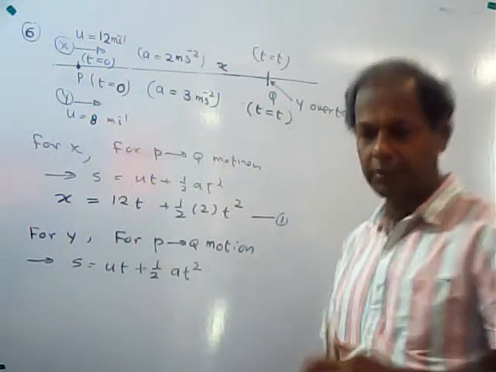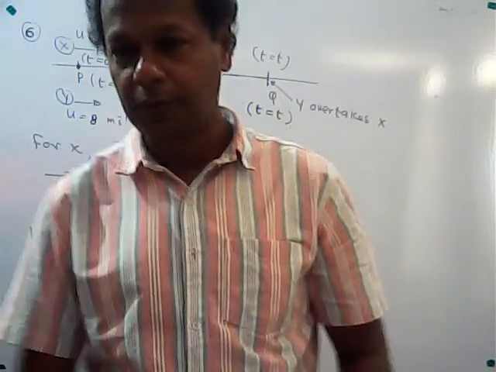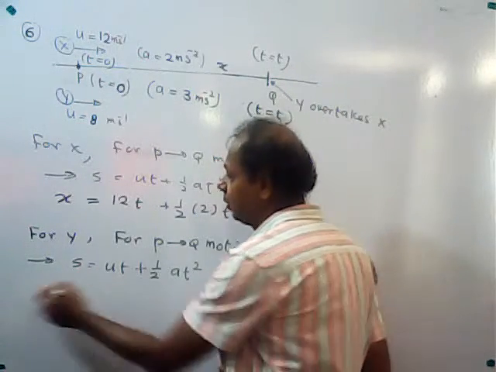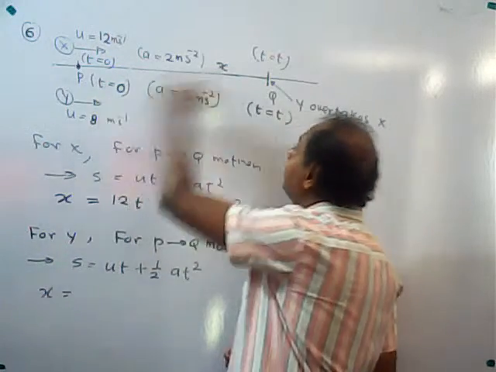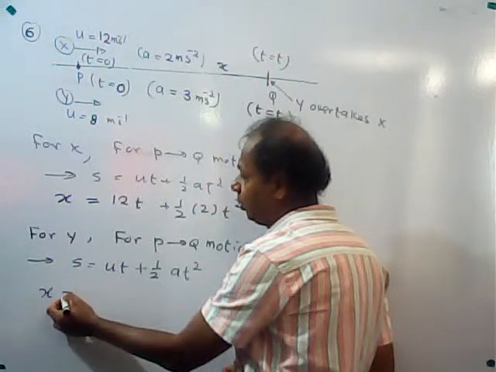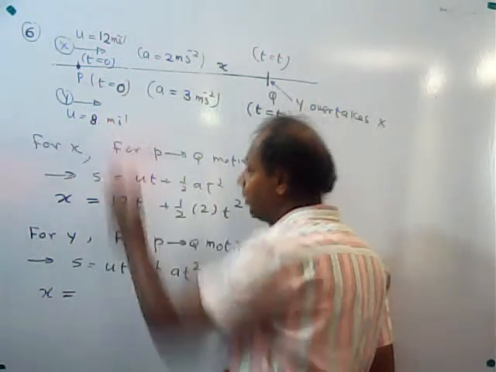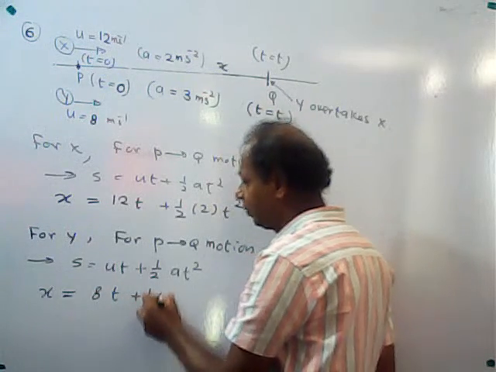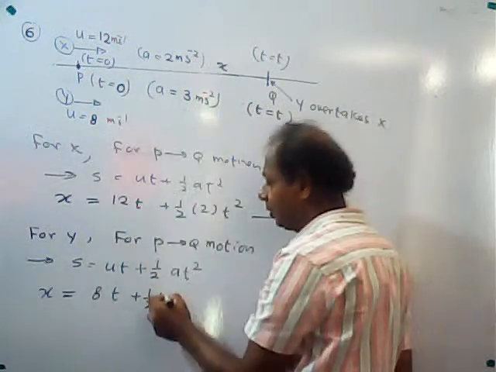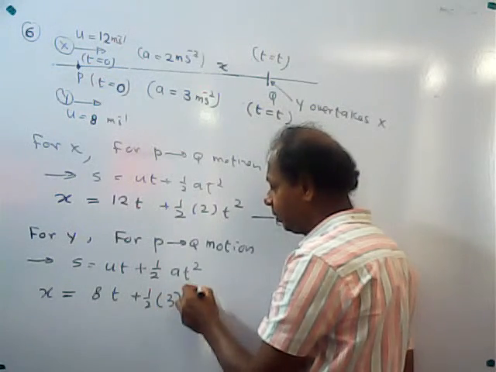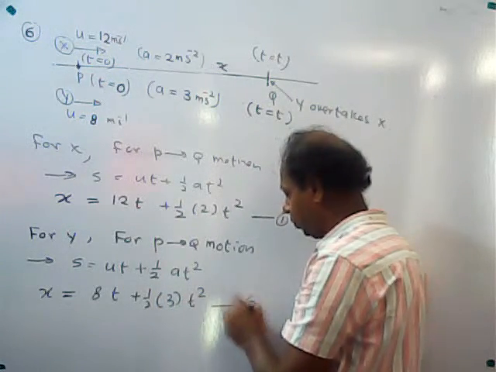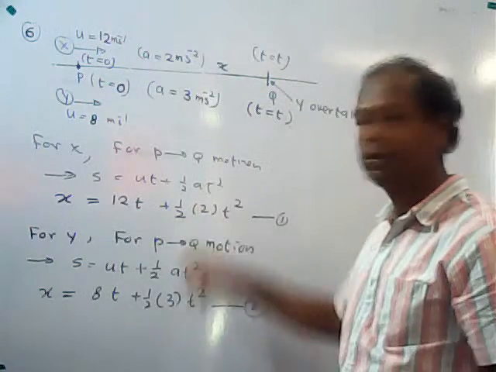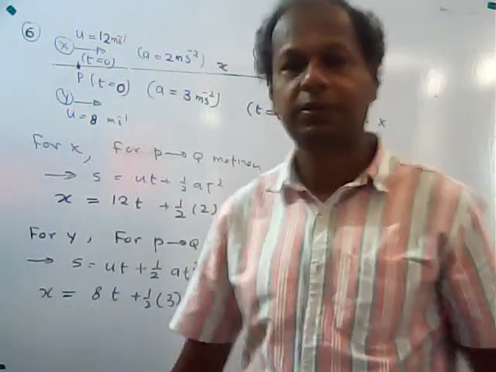What you get is x equals 8t plus half 3t squared. The distance travelled is the same x, u is 8, t is the same, acceleration is 3. These are the two equations I get. You should get these two equations.